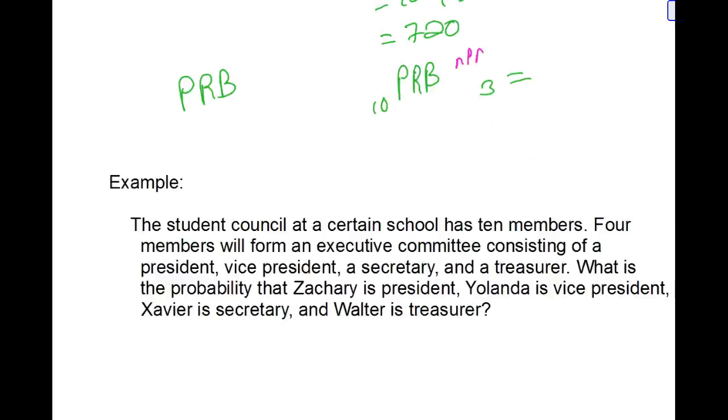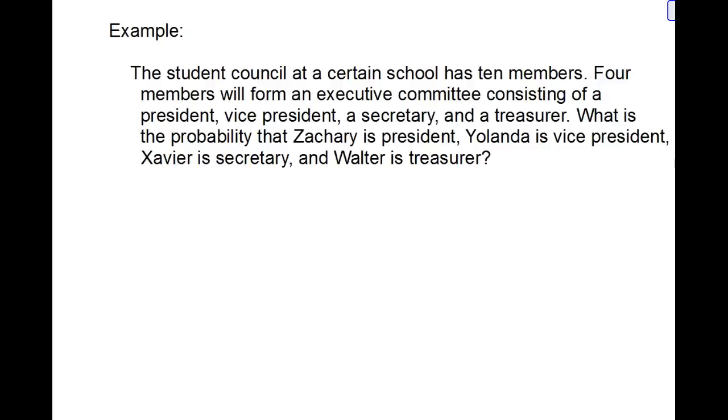Let's move on to another example with permutations, and that is the student council at a certain school has 10 members. 4 members will form an executive committee consisting of a president, vice president, a secretary, and a treasurer. What is the probability that Zachary is president, Yolanda is vice president, Xavier is secretary, and Walter is treasurer?